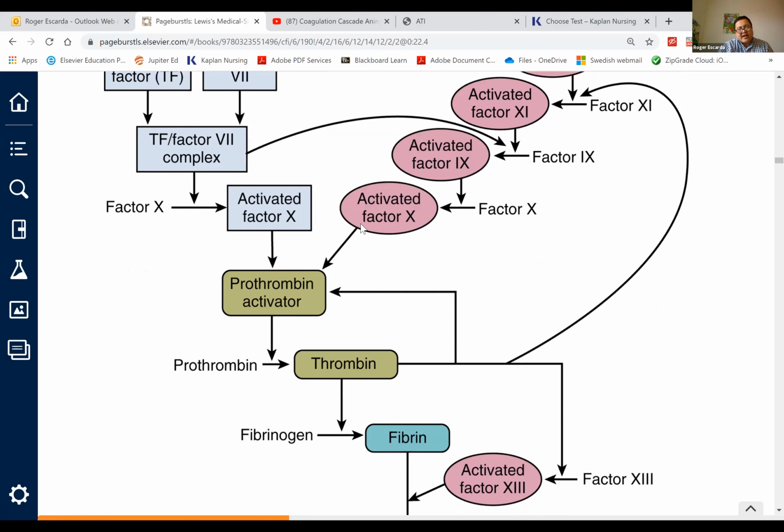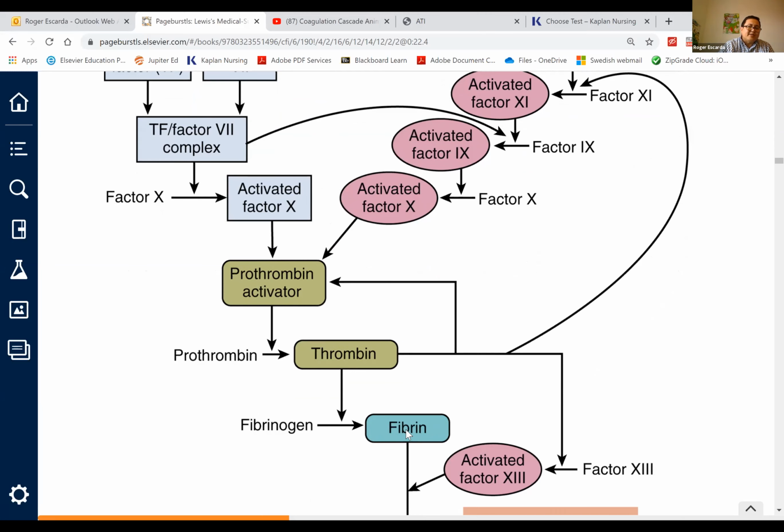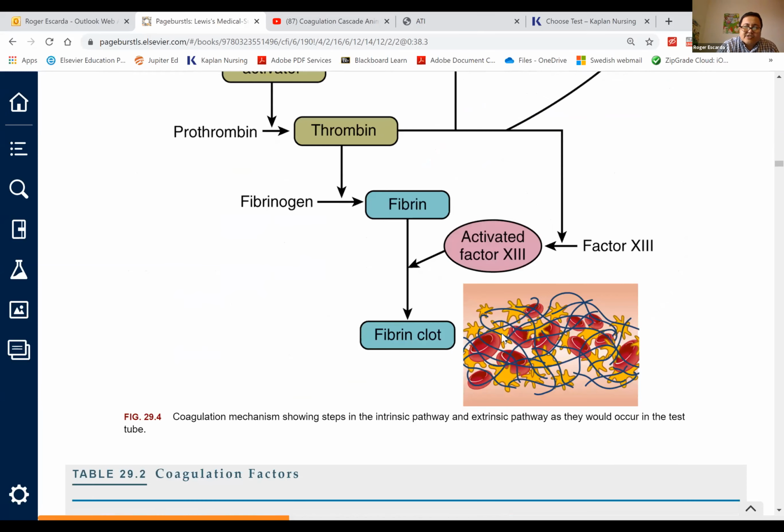Once factor 10 is activated, it will catalyze prothrombin. Prothrombin will now be activated, forming thrombin. So prothrombin is not a clot yet. You need thrombin in order to form fibrinogen and then finally fibrin. Fibrin are these strands right here.